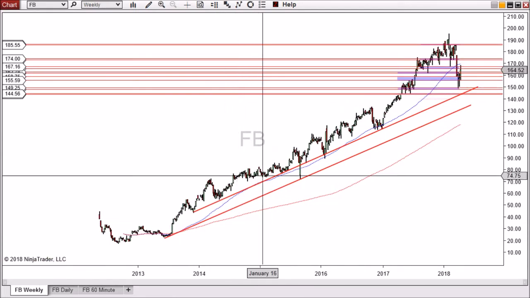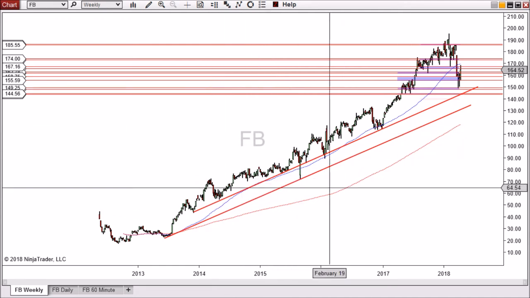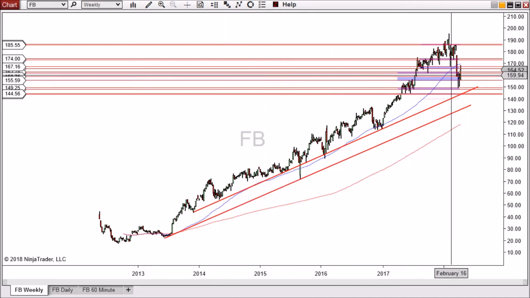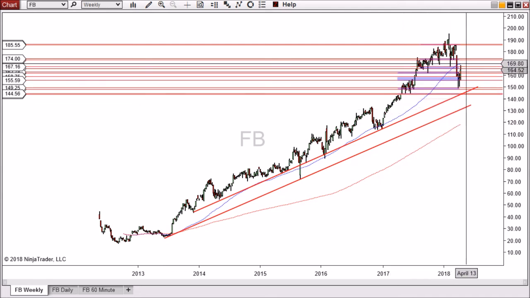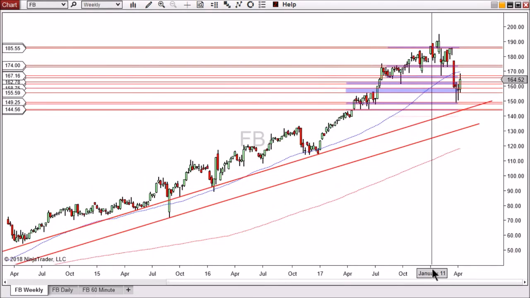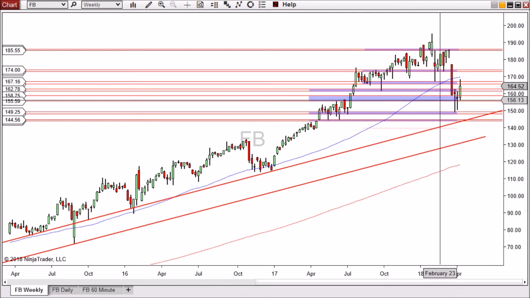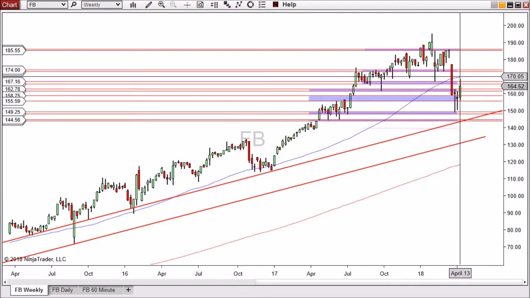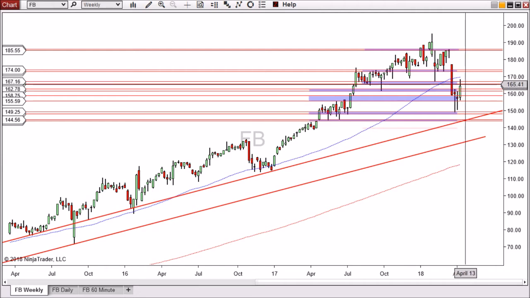If you look at it, on a trend line basis, it still appears to be up, but this 50 period moving average seems to be flattened out a little bit, so that could be a precursor of what might come. That maybe Facebook might get a little bit of a reversal here, right?